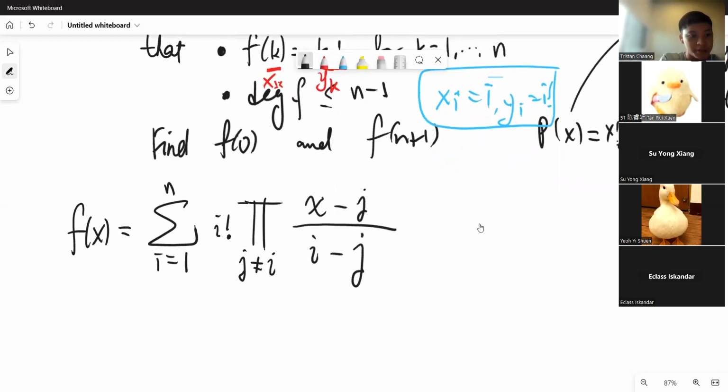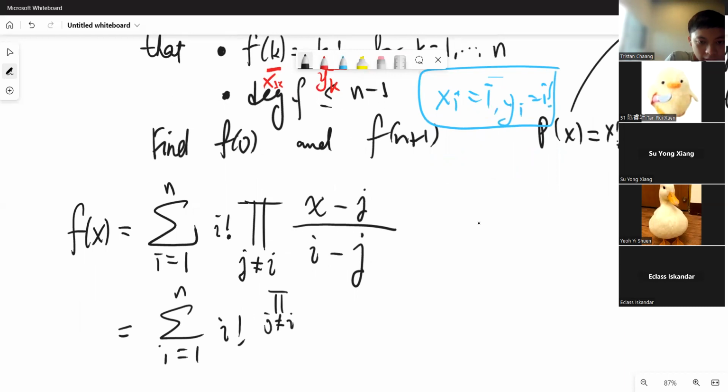So let's plug in x equals 0. In fact, we can simplify the bottom bit first before we plug in, because we want to find two values anyway. So we have i factorial, and the top bit is again the product of (x minus j). The bottom bit is a little difficult to see, so let's write it out explicitly. It starts from j equals 1 to n but skips i.